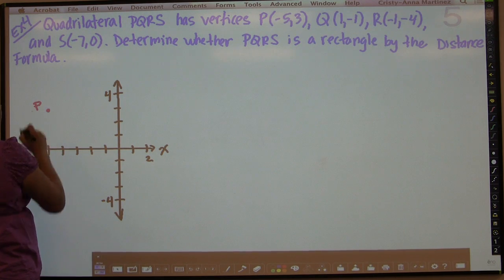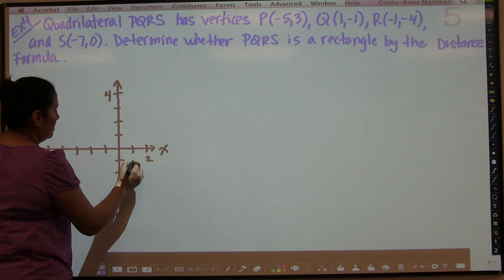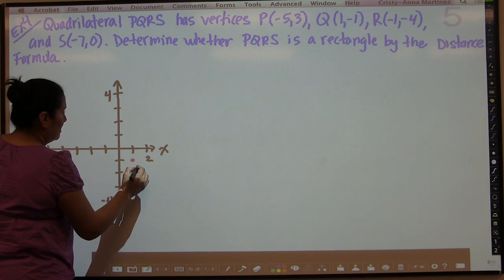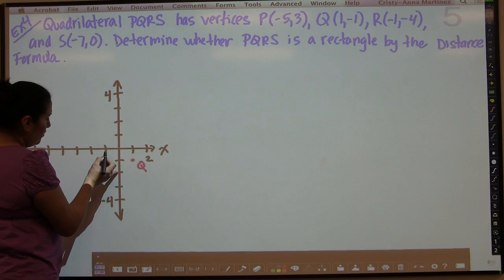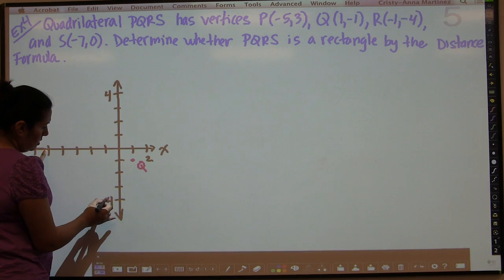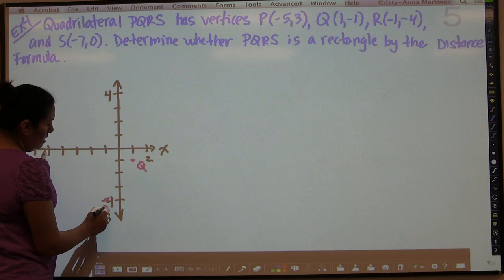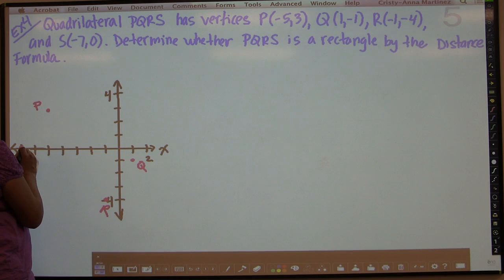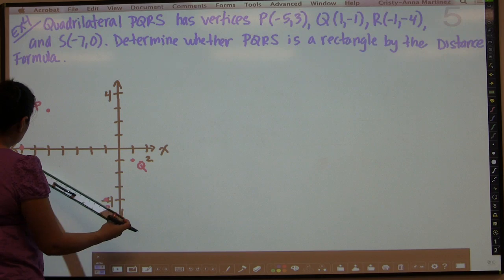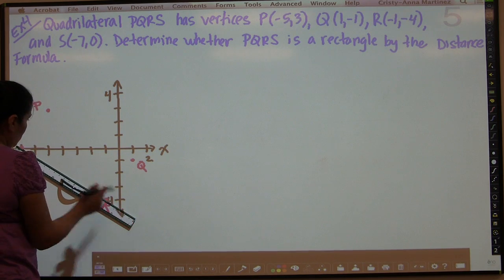That's point P. Then Q is 1, -1, so that's going to be right here. X is 1, Y is -1, that's Q. Then we have -1, -4, so here's -1, -4, and that is R. And then S is -7, 0, and that's going to be way over here, and that's S. And then we're going to connect our points.